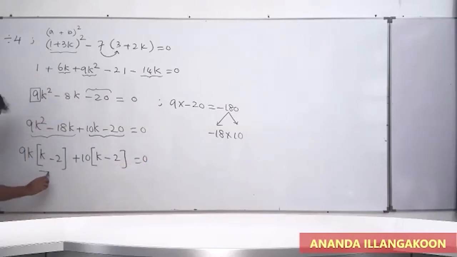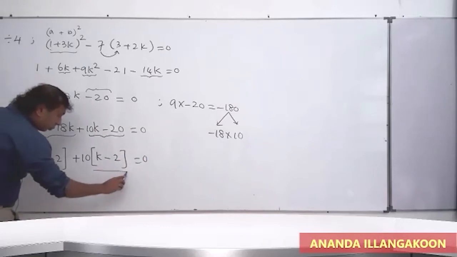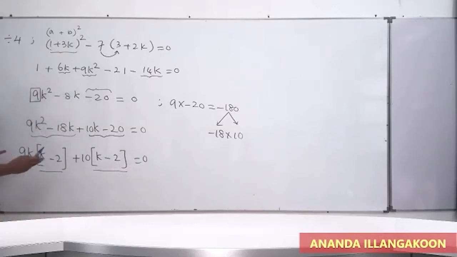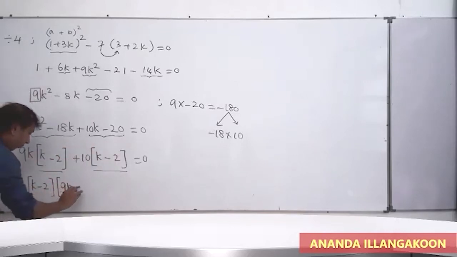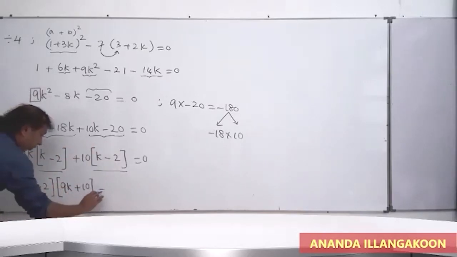Now, k minus 2 here, k minus 2 here. You can take that k minus 2 out as a common factor. Once you take this k minus 2 out, from here we get 9k, and from here we get plus 10, equals 0.